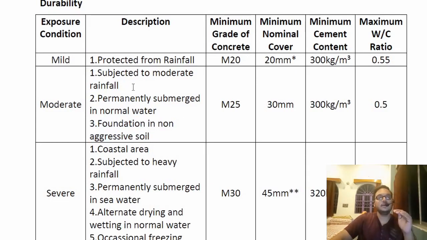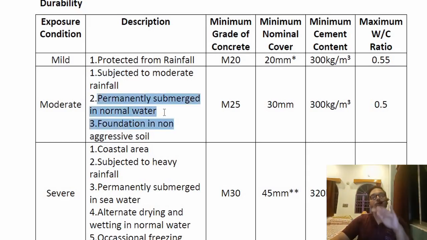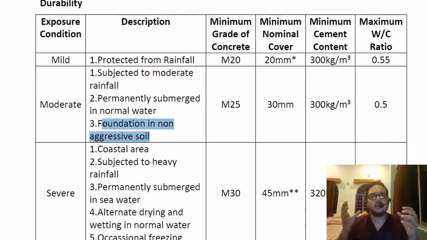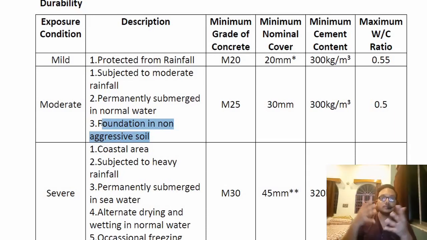So for moderate condition, the concrete should be subjected to moderate rainfall, permanently submerged in normal water, or the foundation is in some non-aggressive soil, means the soil is quite alright, like it won't be having any aggressive effects like high amount of acidity or fluids or waters passing through it. That particular soil is quite non-aggressive. It's a quite normal or simple soil.